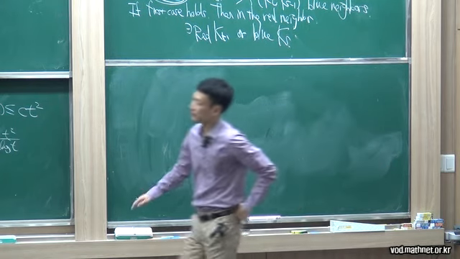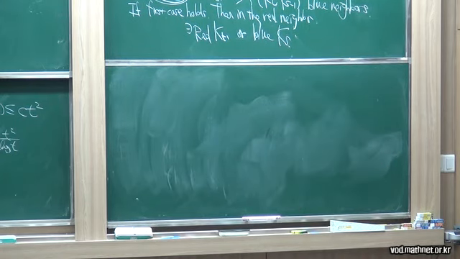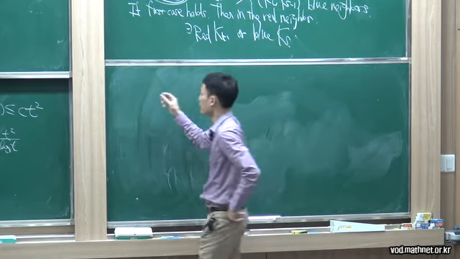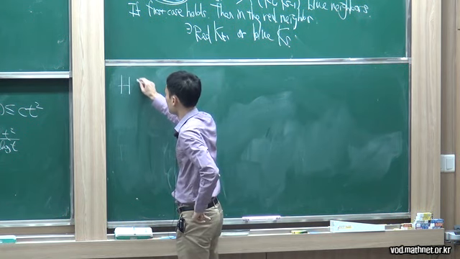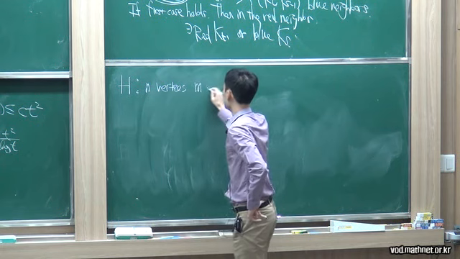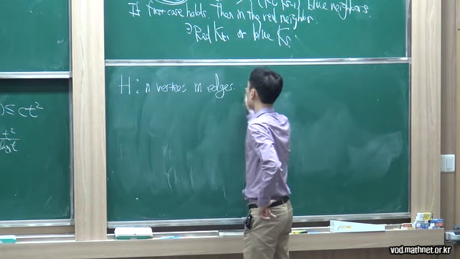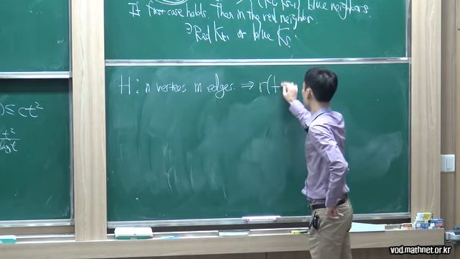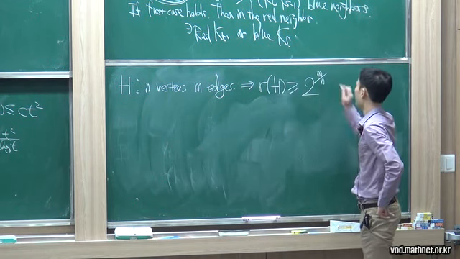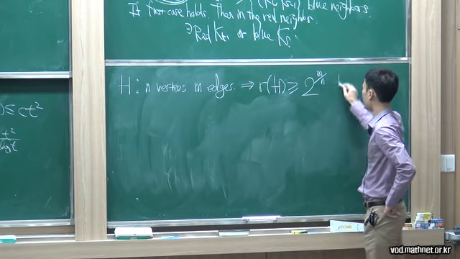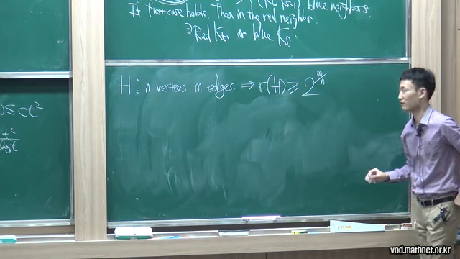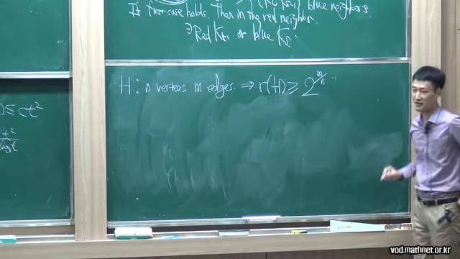The probabilistic method proof, if you carefully analyze it and apply the same proof to general graphs, gives the following result. If H is a graph with n vertices and m edges, then the Ramsey number is at least 2 to the m over n. There's actually a factor of 1/2 here, but it's cleaner in this form, and a small minus 1.